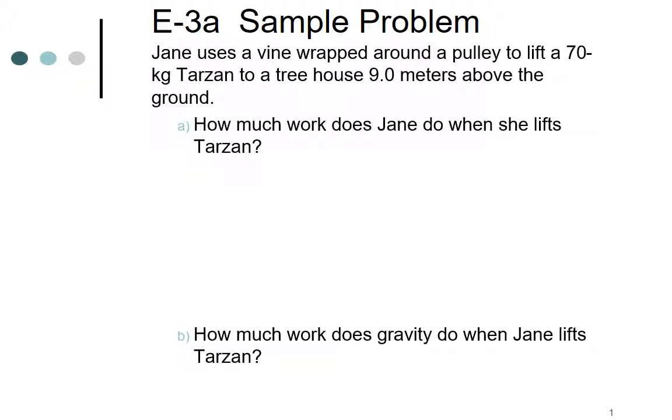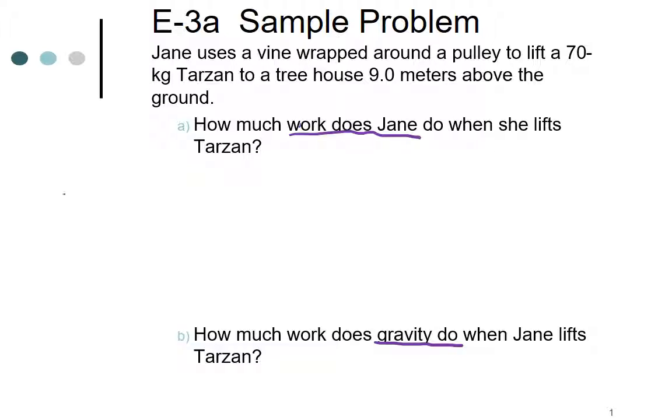Okay, so now we're going to do an example where we have a lifting situation and we want to figure out the work done. In this case Jane lifts Tarzan, and for part B, how much work does gravity do? So in the first one, I want to figure out how much work does Jane do, and then how much work does gravity do.